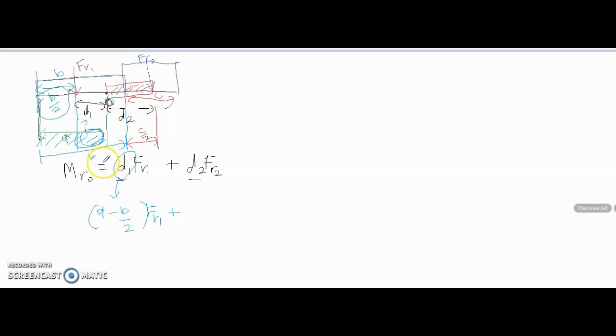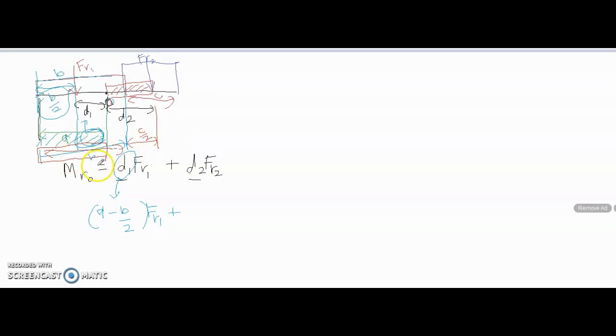If this is B, you need to eliminate this portion, which is A, eliminate this distance.